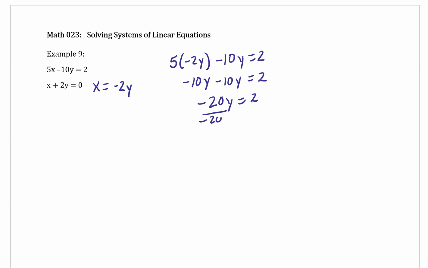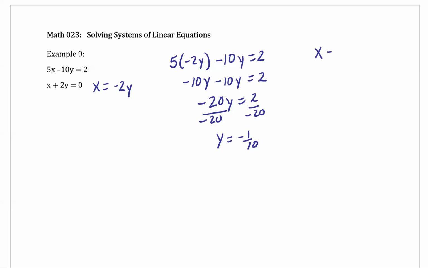Divide both sides by negative 20, and y is equal to negative 1/10. It is okay to get fractions for answers, which is why this would not be a good one to solve by graphing, because we could not graph accurately to get an answer of negative 1/10 for our y value.